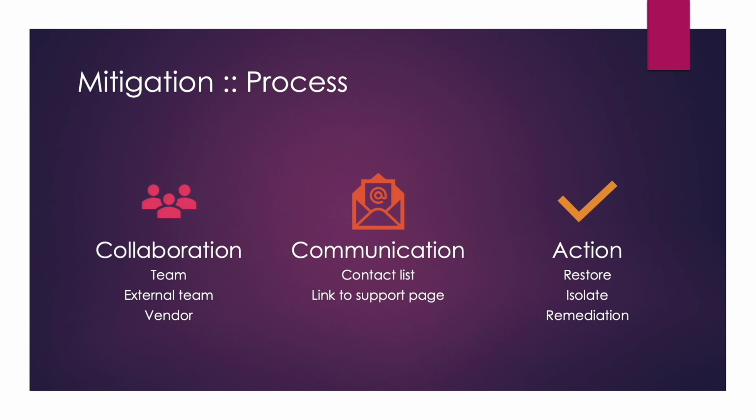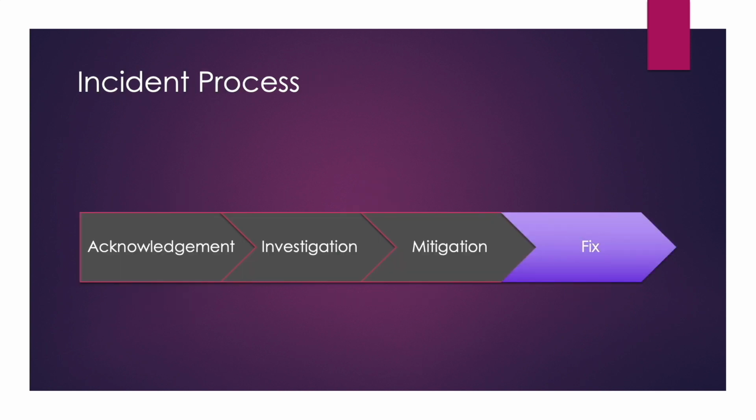The last one is action. As I mentioned earlier, mitigation only focuses on restoring the service or minimizing the damage if it is related to a security breach. The last sub-process in incident handling is the fix or repair of the actual root cause. In a production issue, there are two kinds of root cause: the contributing factor and the actual root cause.